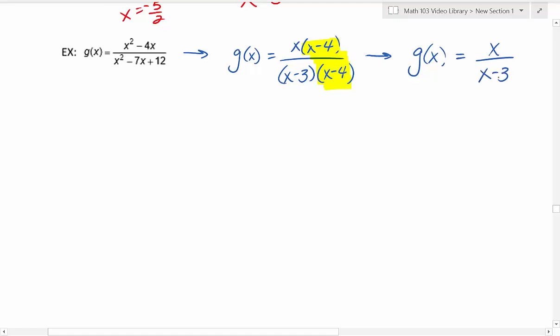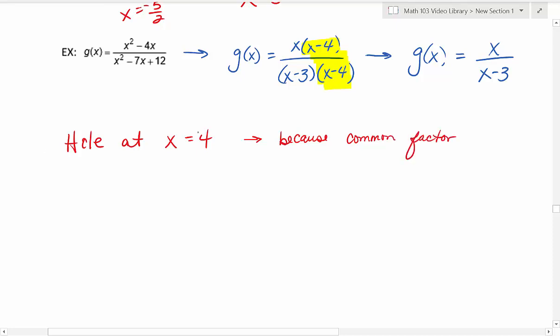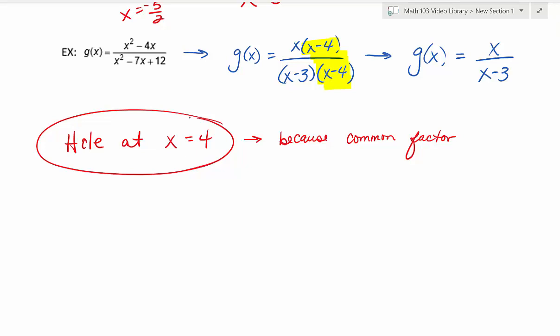But since there was a common factor, that tells us that there's going to be a hole in our graph at the 0 of that common factor. We're going to have a hole at x equals 4. Now we turn our attention to identifying vertical asymptotes.